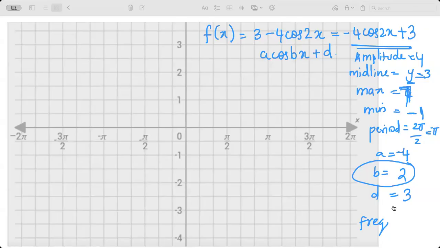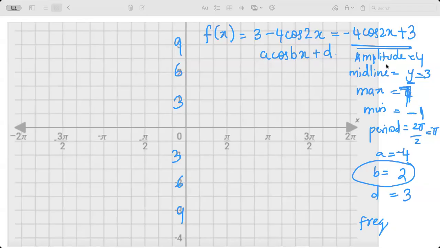Let's see. How about this? I'm going to change these, whatever is written here, okay? 3, 6, 9. 3, 6, 9. Okay, can we try this one?